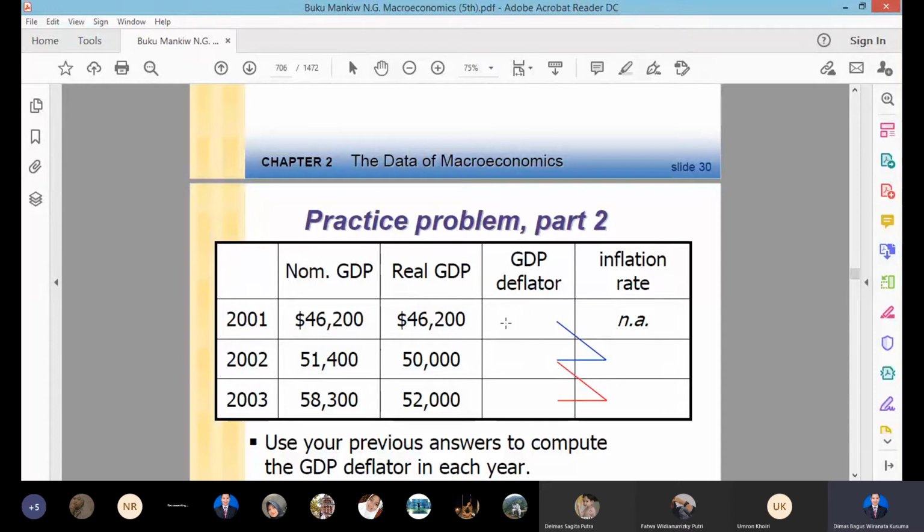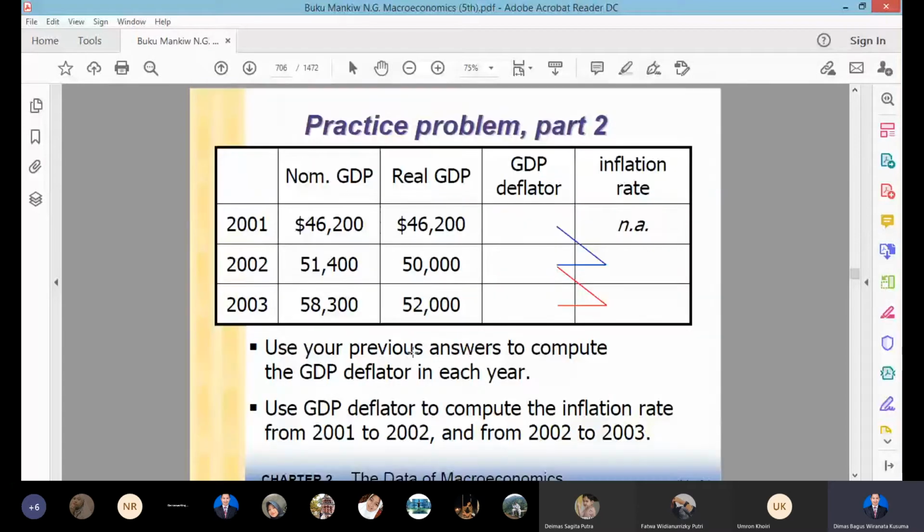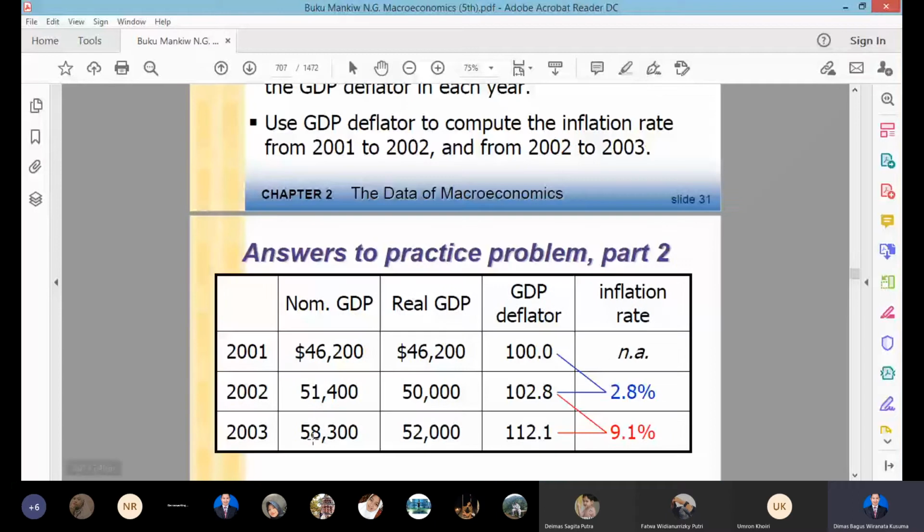So the GDP deflator of 2001 is 100. For 2002, you compare 51,400 over 50,000, and the result times 100 gives you 102.8.